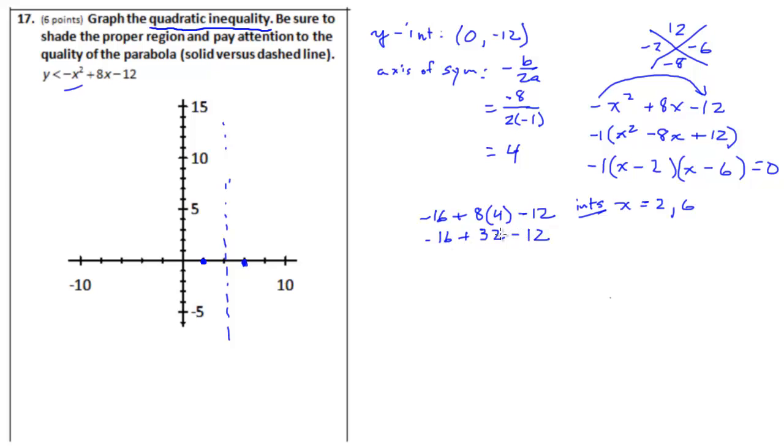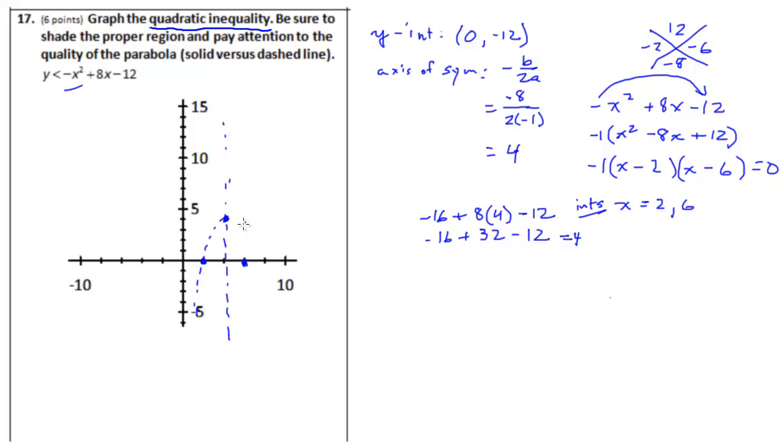That's going to be positive 16 minus 12 is 4. So at the point (4, 4), we have the vertex. That's our maximum.